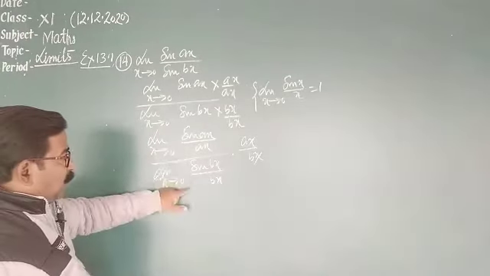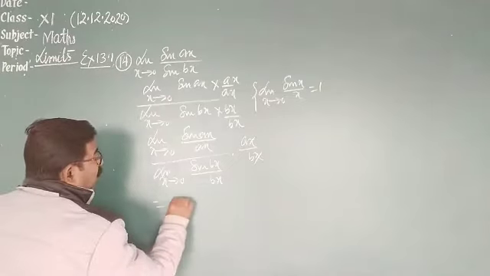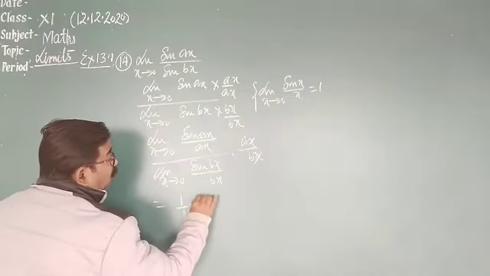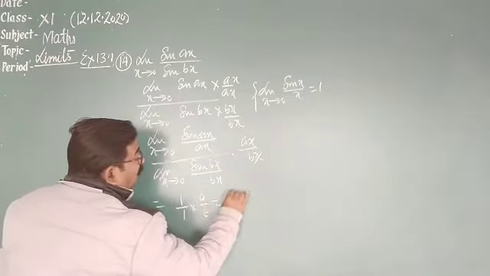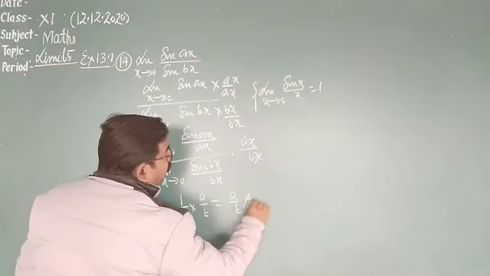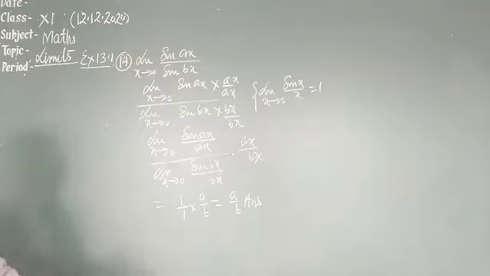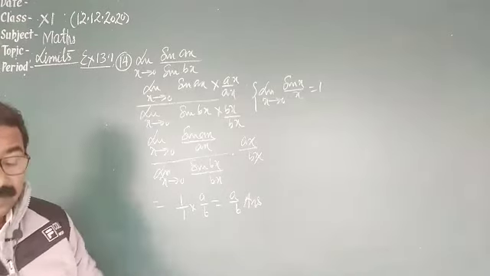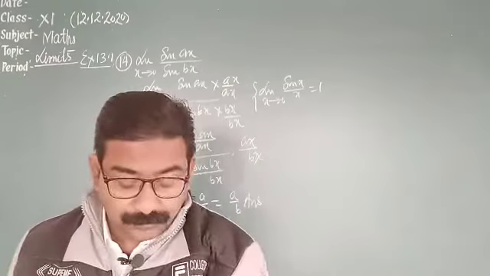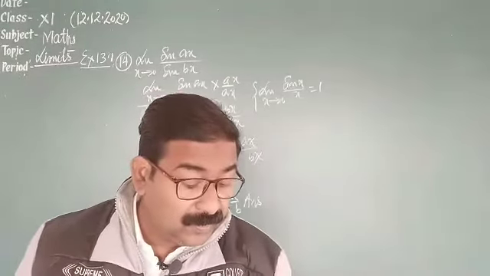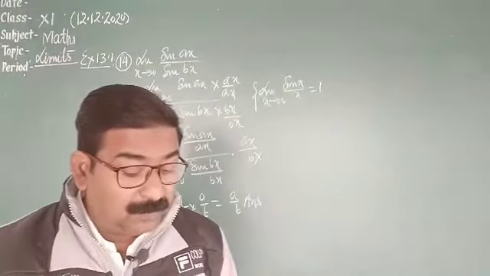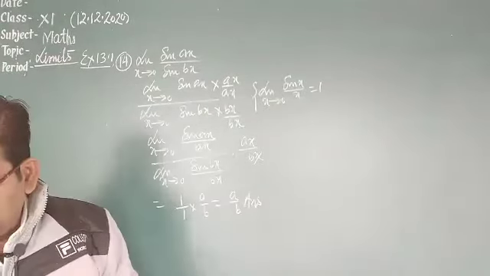Here it is 1 upon 1, into a upon b. So the answer is a upon b. Very simple question, but you have to understand the method. Now question number 15.